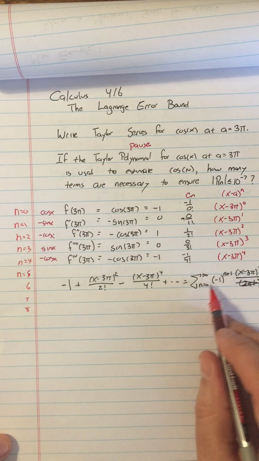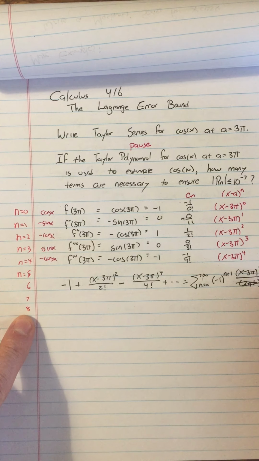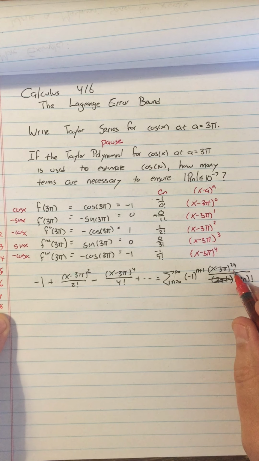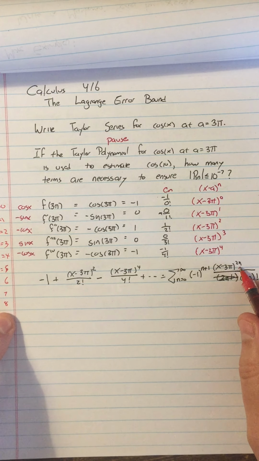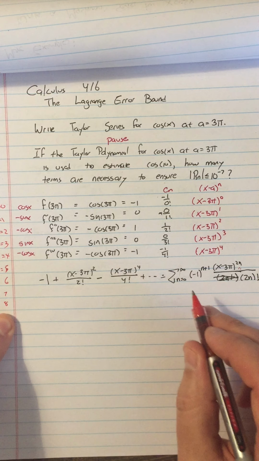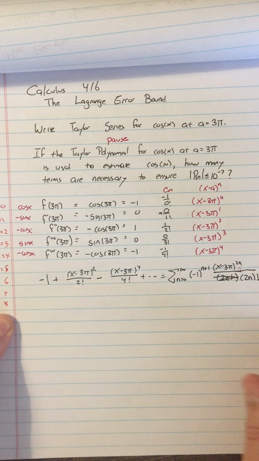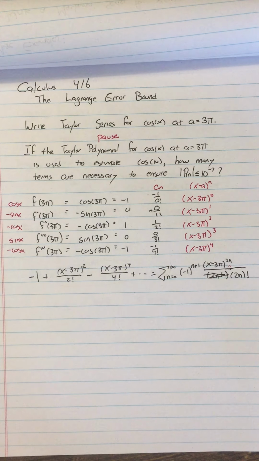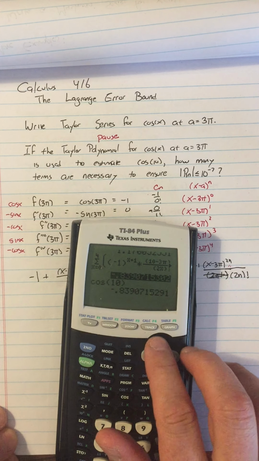But the trick is in the way that I set up this sum, this is 2n up here. This n up here is not the same as this n right here. So this 2n is what I want to be 8. So the sum that I want to go up to is actually 4, and that's really 8 terms of the series because every other term was 0. So that's a little confusing. When I go to actually compute the sum, if we go to the calculation window, here's my sum.